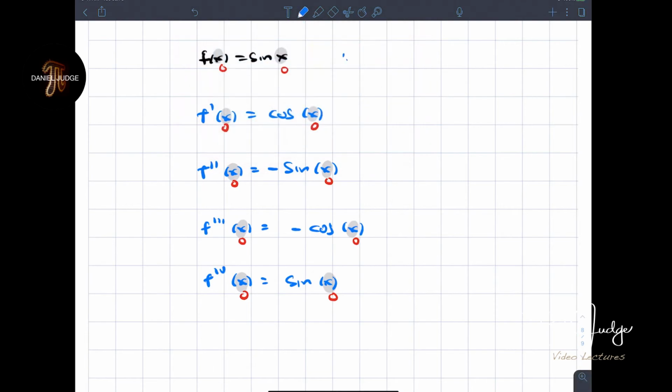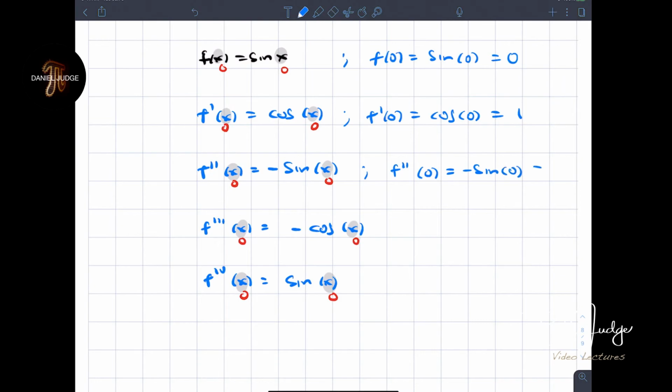And let's see what this gives us. f of 0 is sine 0, which is 0. f prime of 0 is cosine 0, which is 1. f double prime of 0, minus sine 0, will give you 0. f triple prime of 0 is minus cosine of 0, which is negative 1. The fourth derivative at 0, sine of 0, which is 0.